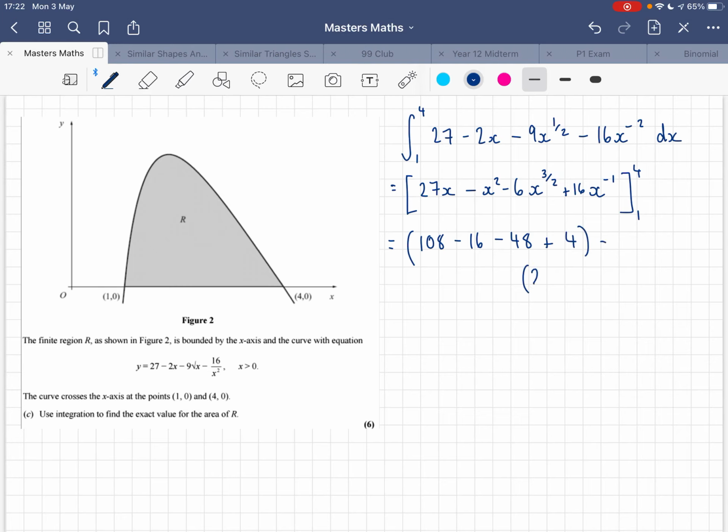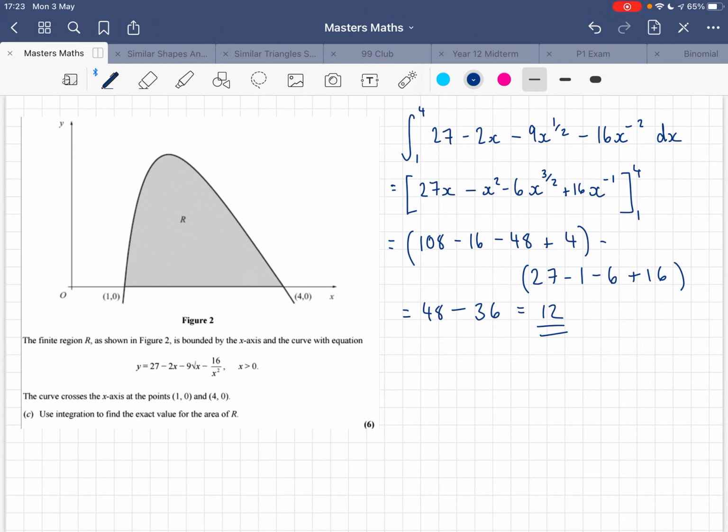And then I'm going to do the 1 underneath: 27 minus 1 minus 6 plus 16. Oh, that was easy. 108 minus 16 minus 48 plus 4 is equal to 48, minus 27 minus 1 minus 6 plus 16, 36, gives me 12, which I know from checking before I started is the correct answer.